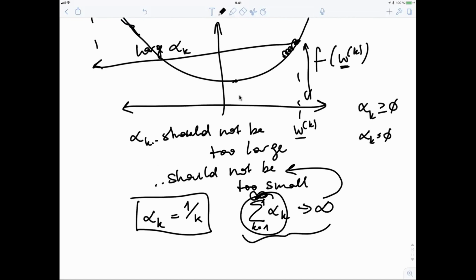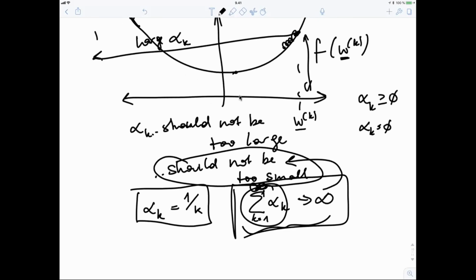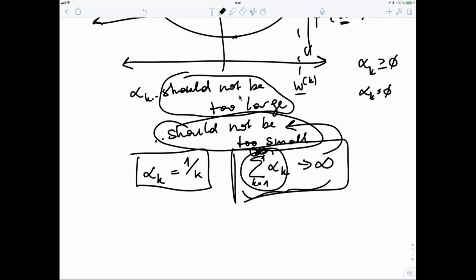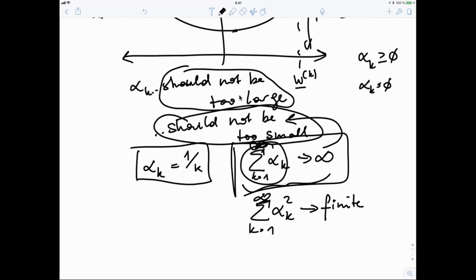This is the mathematical formulation of this intuitive requirement. But on the other hand, it should also not be too large. And for this, we require that the sum of alpha K squared is finite. So if you sum the squares, this should converge to a finite number.